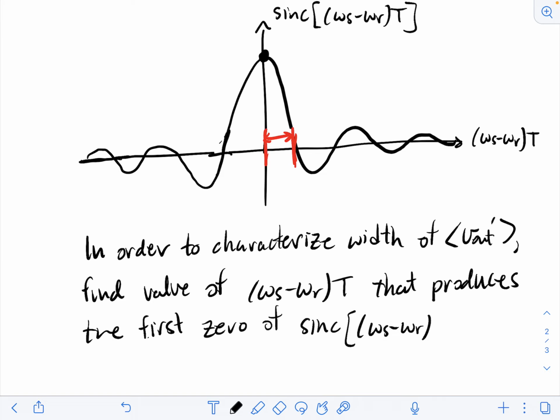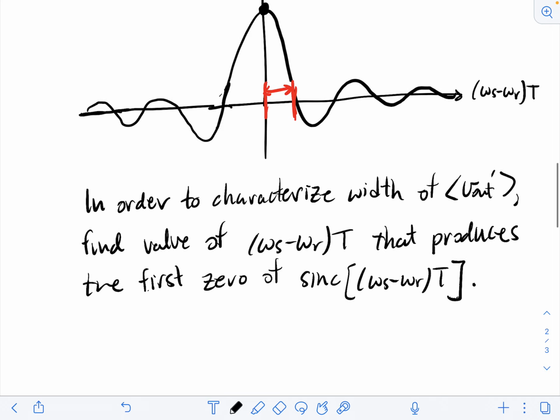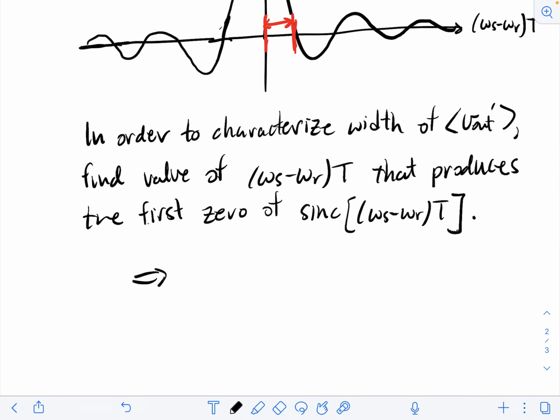That's not hard to do because the sinc function has a sine in the numerator, and the sine vanishes when the argument of the sine function is equal to pi. So we have to set omega s minus omega r times T equal to pi, and that defines where the first zero is.